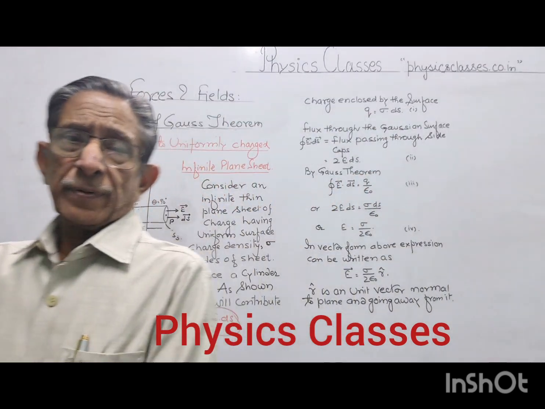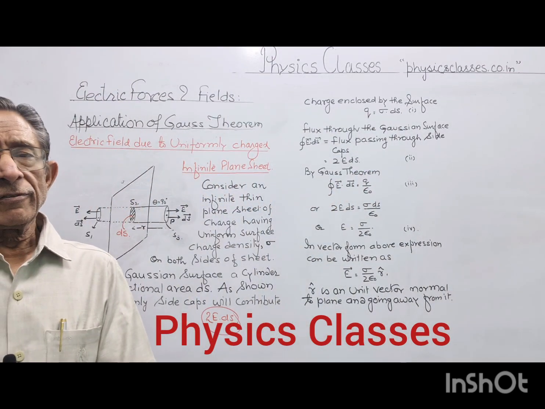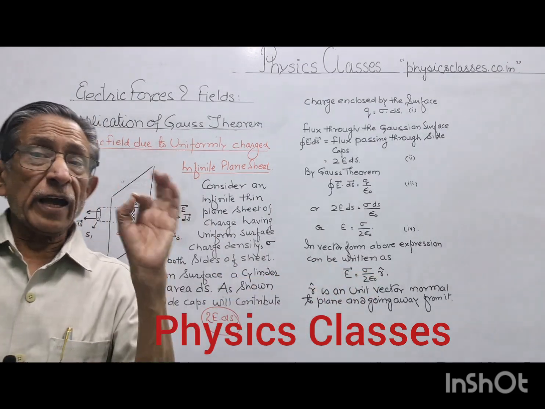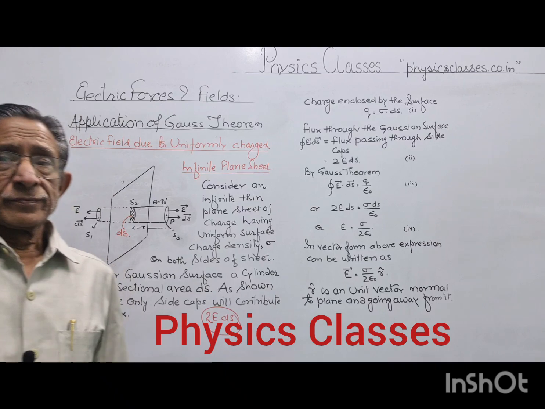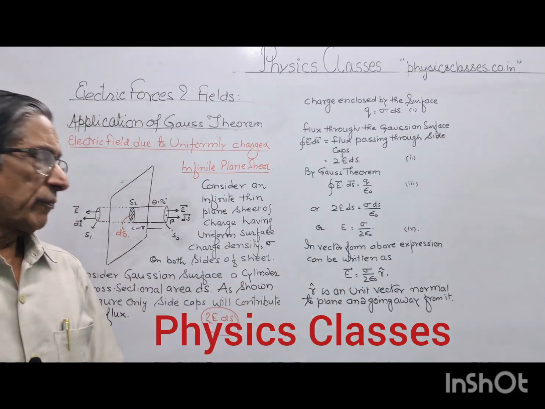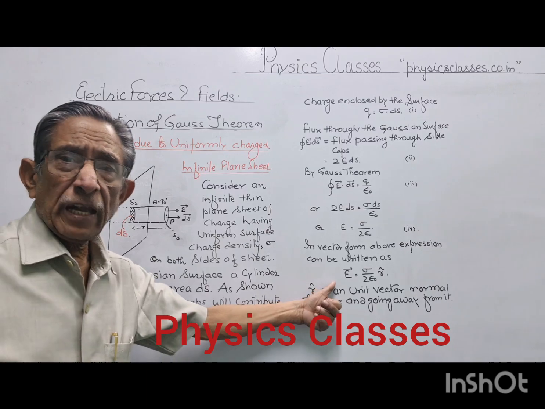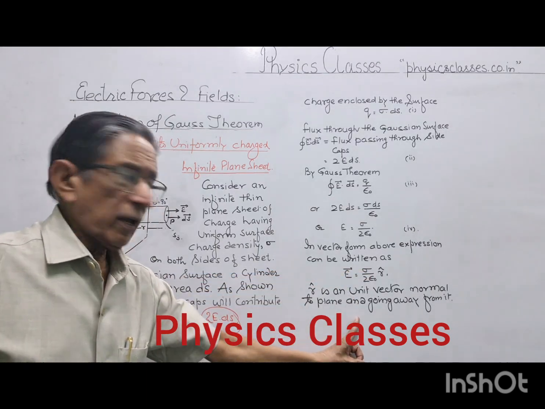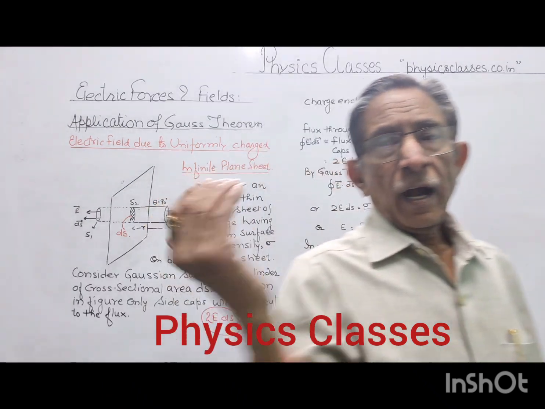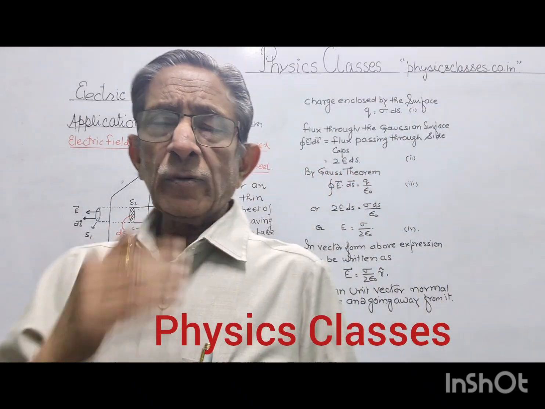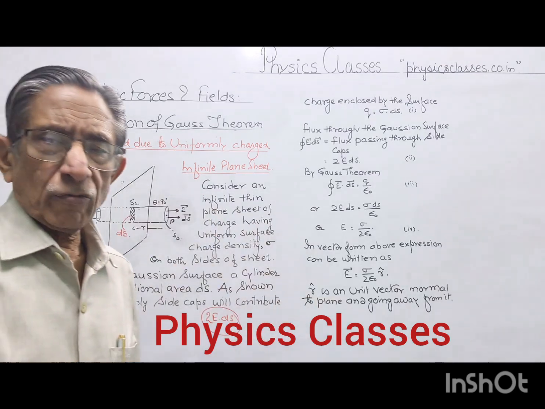What is r cap? In 11th class, we have studied that a unit vector gives the direction of a physical quantity. So here r cap, the unit vector, gives the direction of electric field, which is normal to the plane and pointing outward.